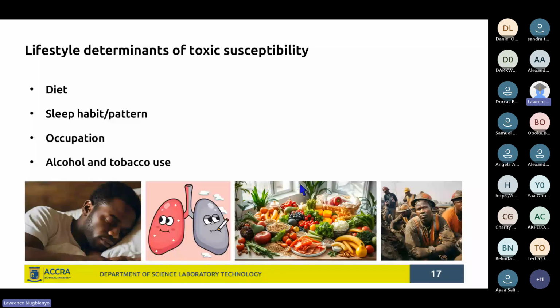Now we can talk about some lifestyle determinants of toxic susceptibility. In fact, many toxic effects depend on lifestyle. A lot of conditions that in the past generally were just referred to as consumption conditions, and particularly with diet, the kind of food that we take in will have some effect on toxic susceptibility because of the content of these foods.